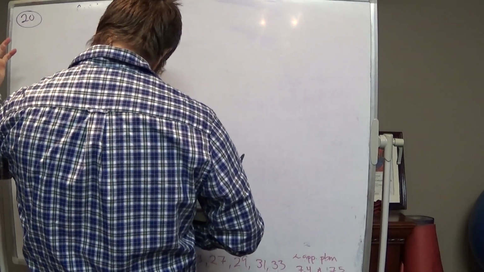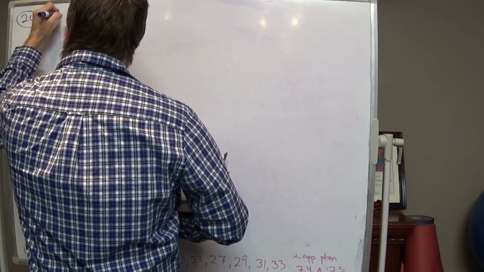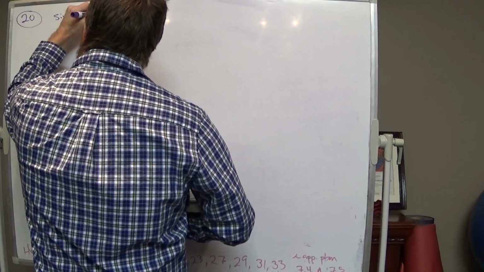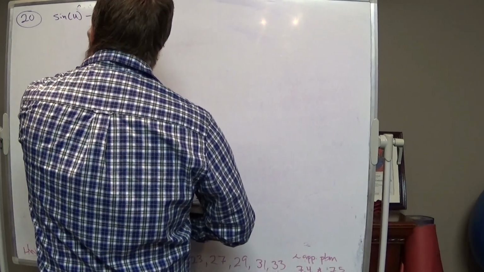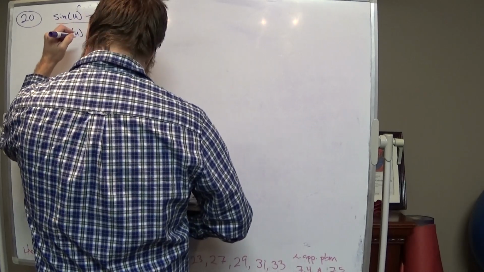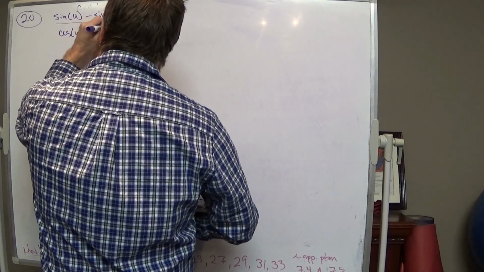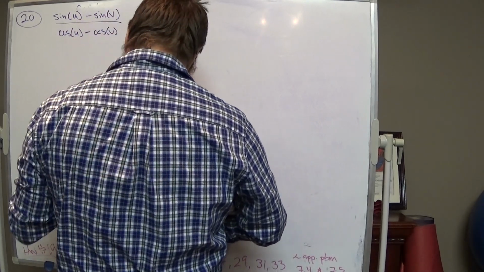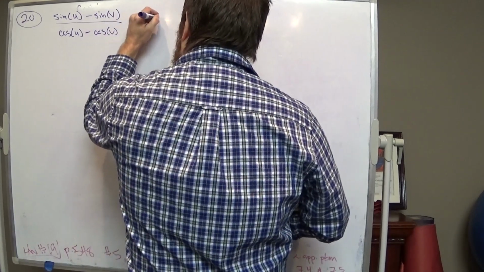Verify the identity: sine u minus sine v over cosine u minus cosine v equals negative cotan.